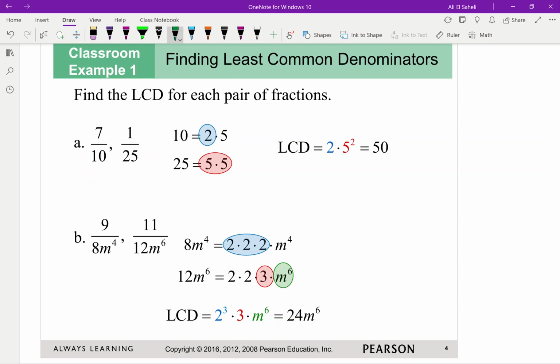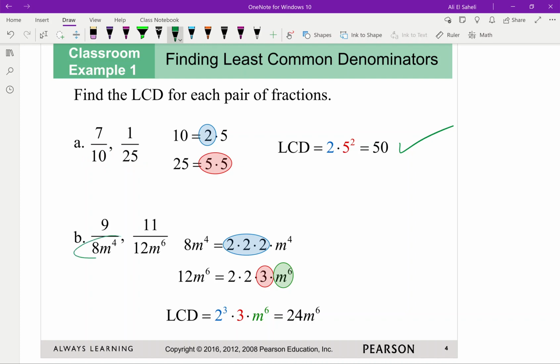For 10, you have 2 times 5. 25 is factored into 5 times 5. 2 appears most over here, and it appears once, so we list it once. 5 appears most here, and it appears twice, so we list it twice. 2 times 5 squared is 50. 50 is the least common denominator of these two denominators.